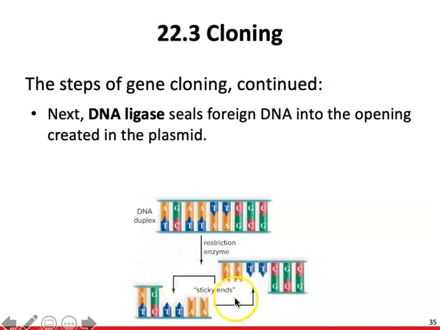We're going to cut a unique puzzle piece on the human DNA, and we're going to cut that exact same shape in our vector. Or maybe it's more like Velcro. The human DNA is going to have the perfect sticky end that's going to match this overhanging bit right here, and is also going to match the sequence of this overhanging bit right here. And it's going to kind of Velcro right into place. DNA ligase can then seal it in.